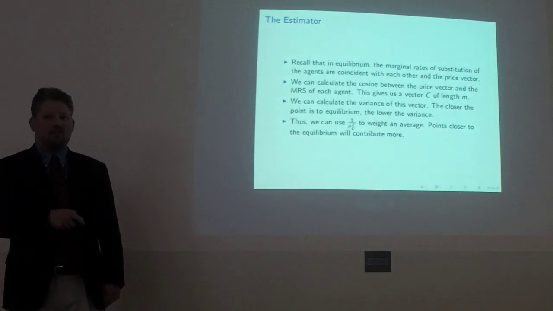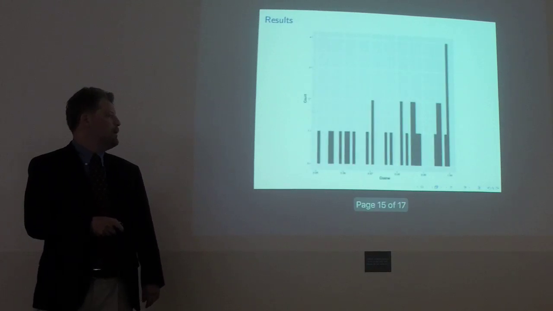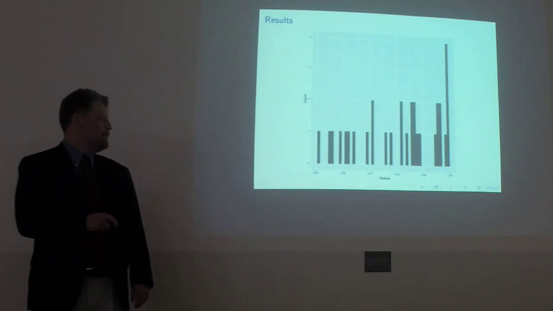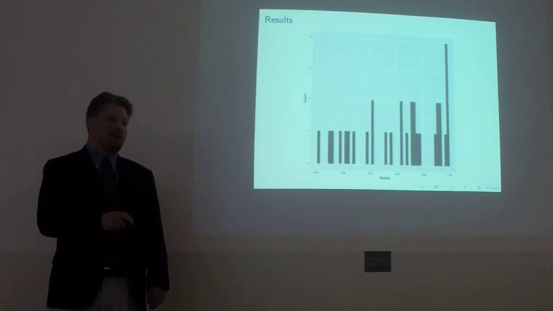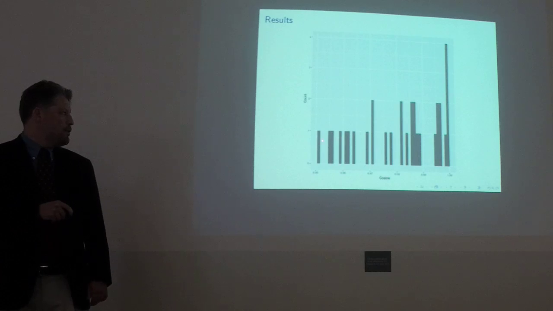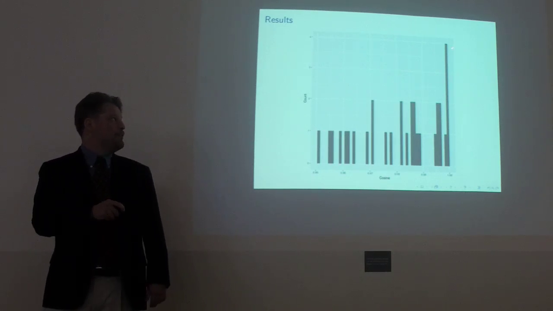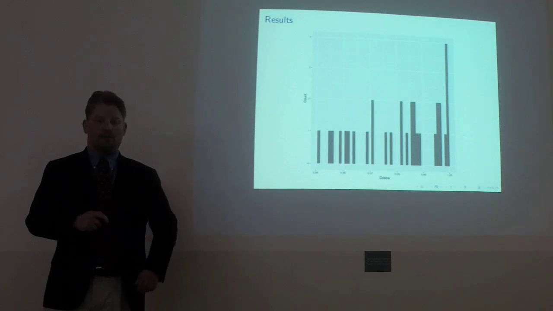Okay, so how does this work? Well, this is the cosine of agent 1 with the price vector. We want it close, we want it peaked at 1, and it is. We aren't always so close, but it at least seems to be peaked where it should be for now, and that's nice.